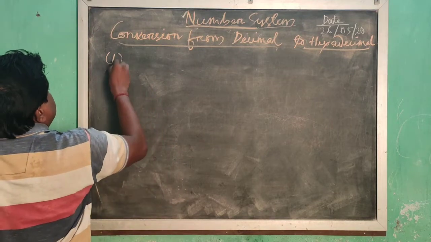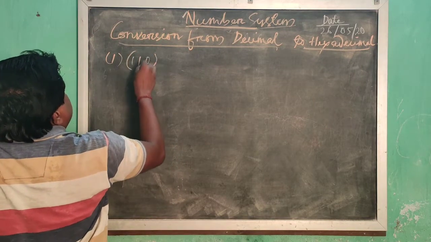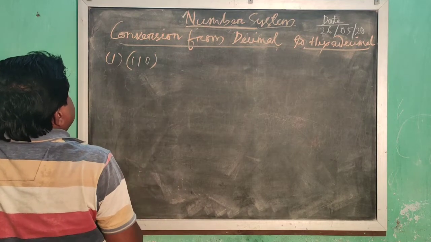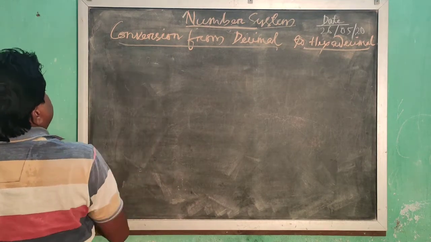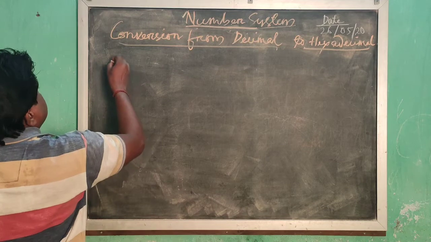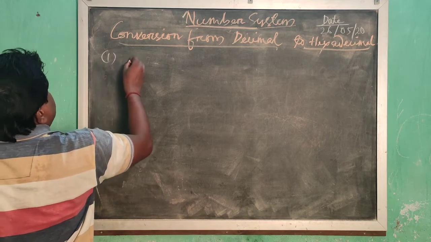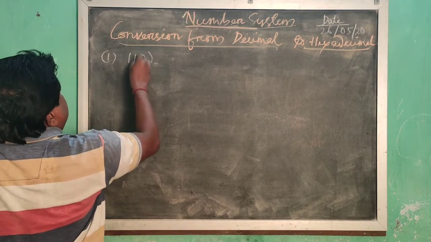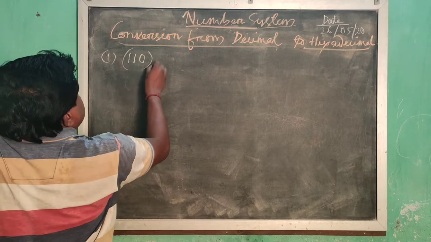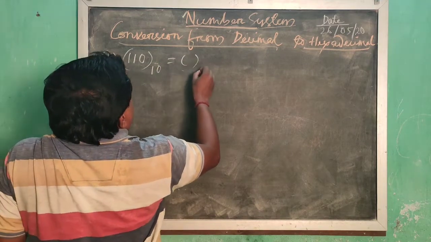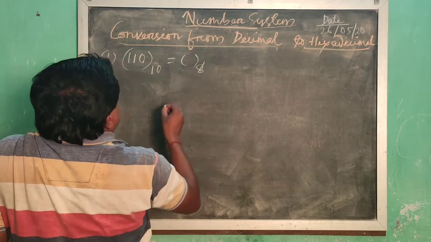Suppose 110. Suppose we will take one question: 110, base 10. We need to convert it into hexadecimal.